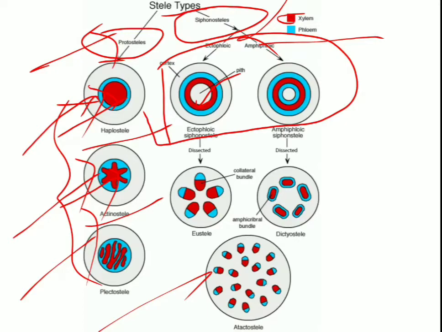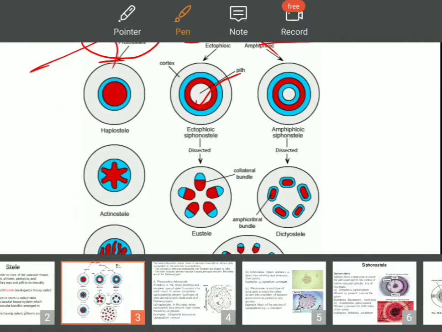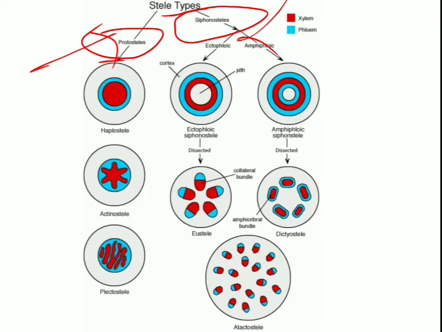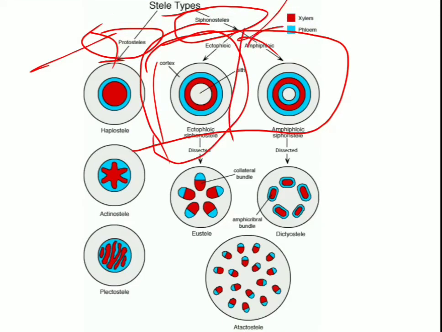You can see this is the ectophloic stele and this is the amphiphloic stele. Siphonostele is divided into two types: ectophloic stele and amphiphloic stele.